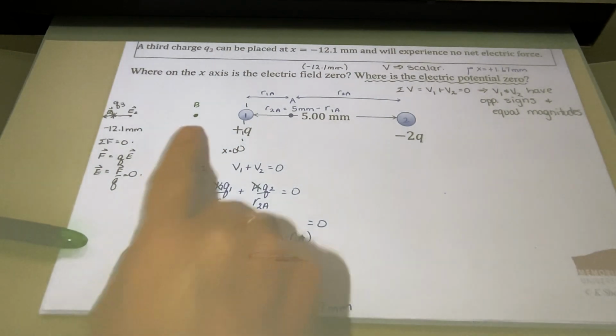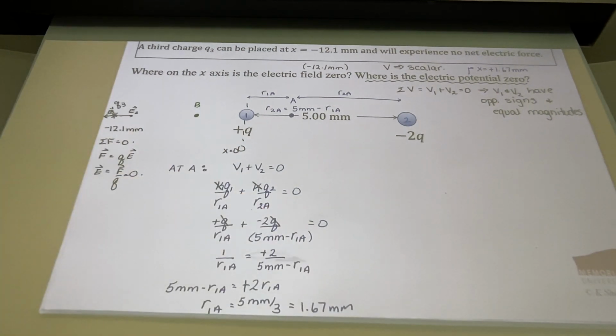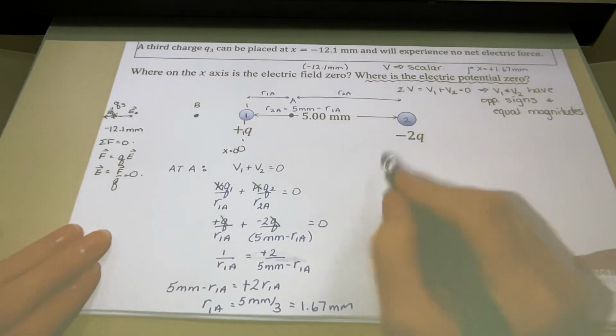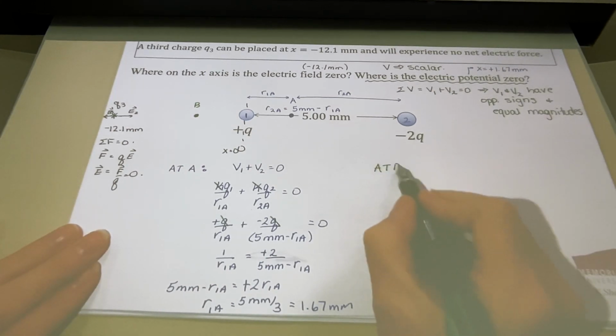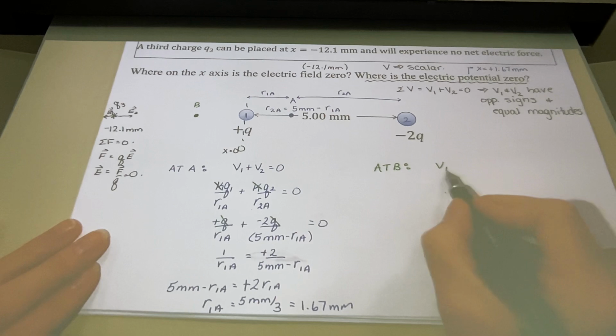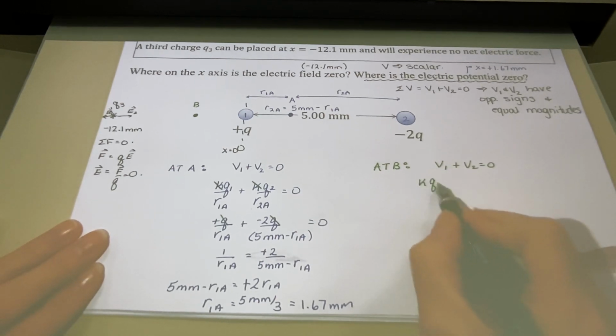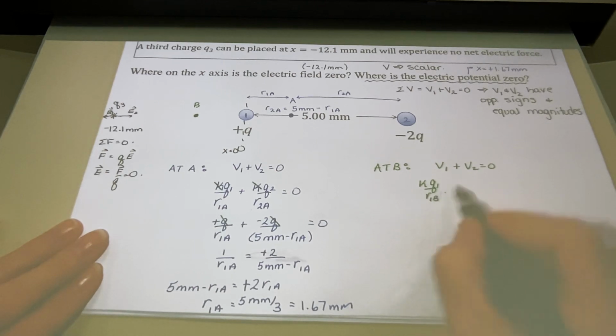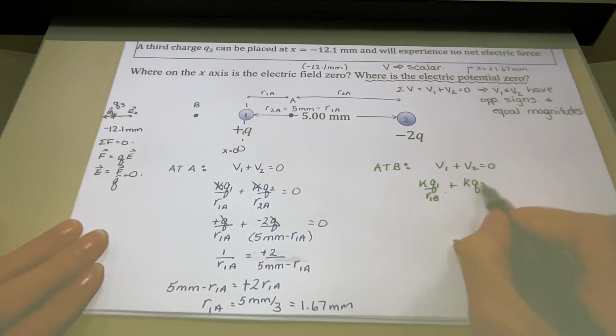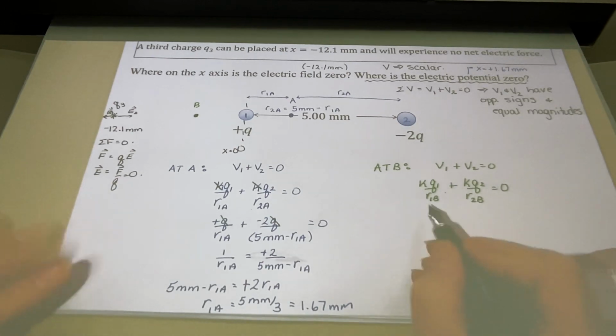Now we also have to think about the other spot at B. Same condition, V1 plus V2 equals 0. K times Q1 over R1B plus K times Q2 over R2B equals 0.